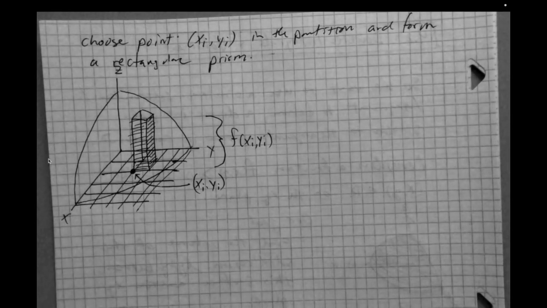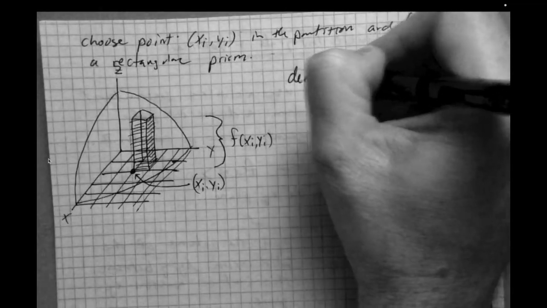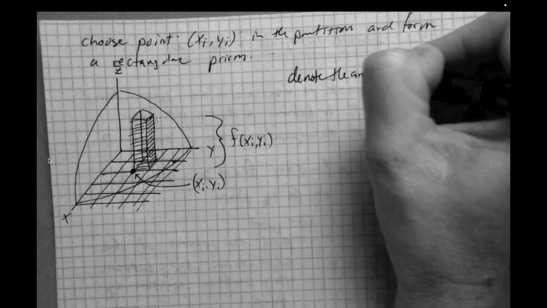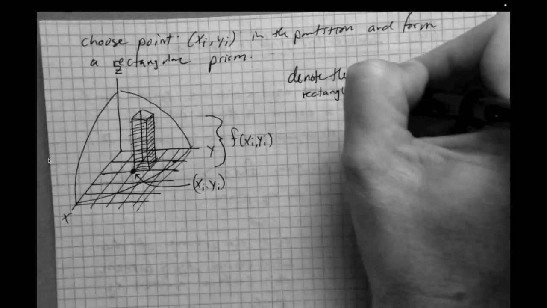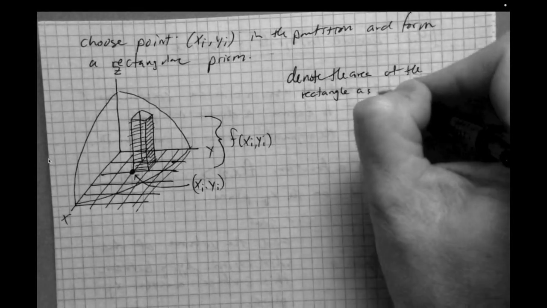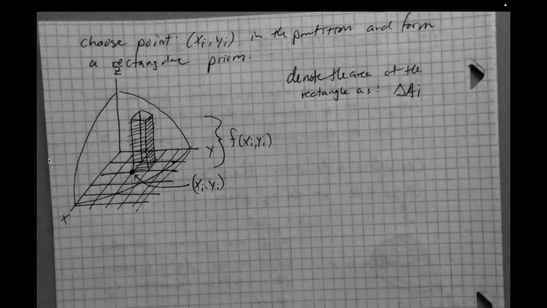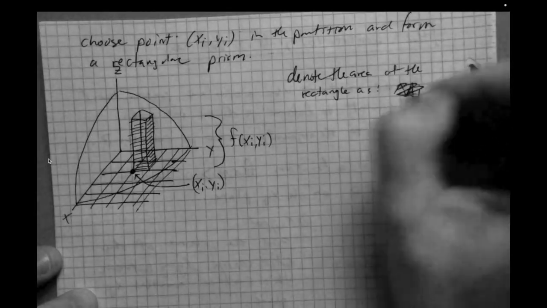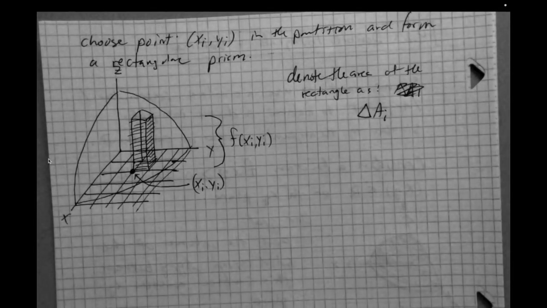And let's denote the area of the rectangle as delta A sub i.